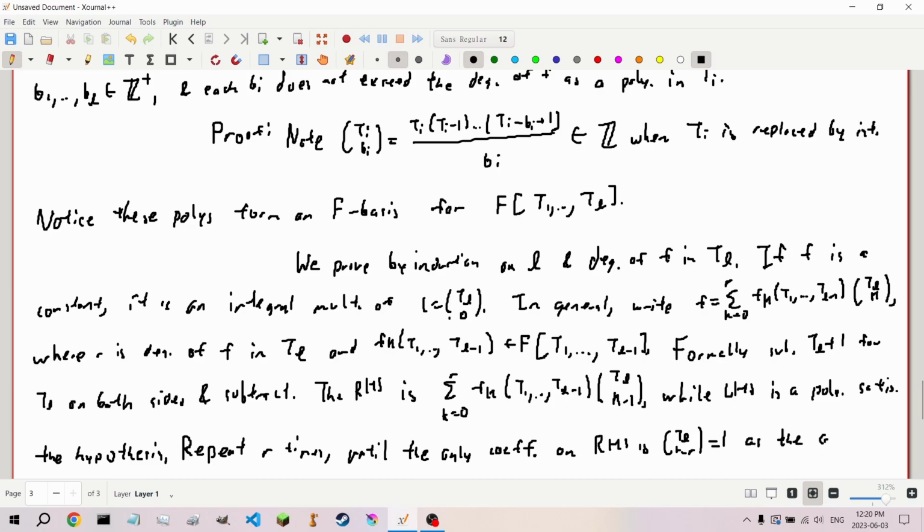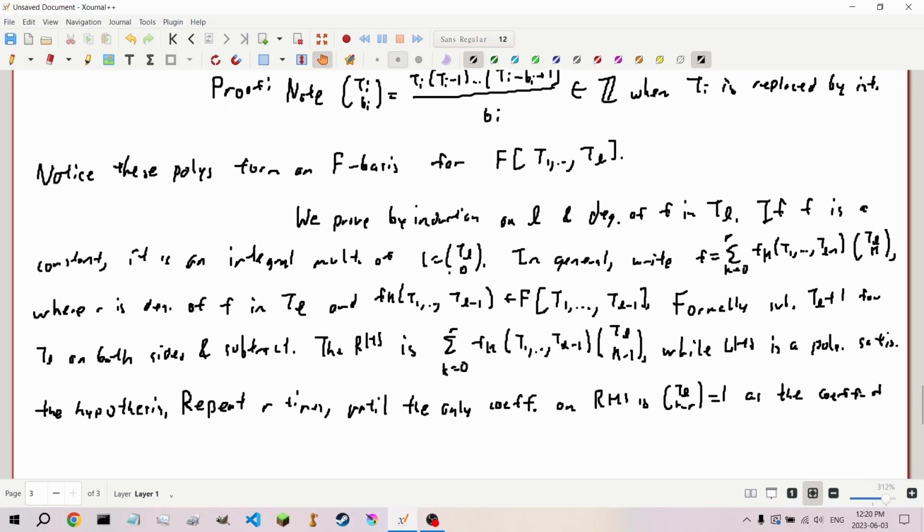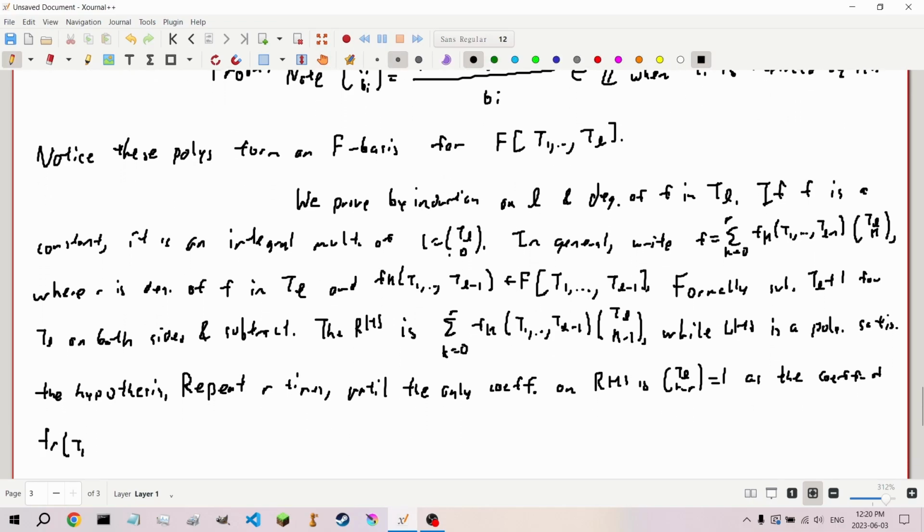This is the coefficient f_r of t1 through t_(l-1). Now f_r satisfies the hypothesis but has one fewer variable than f.